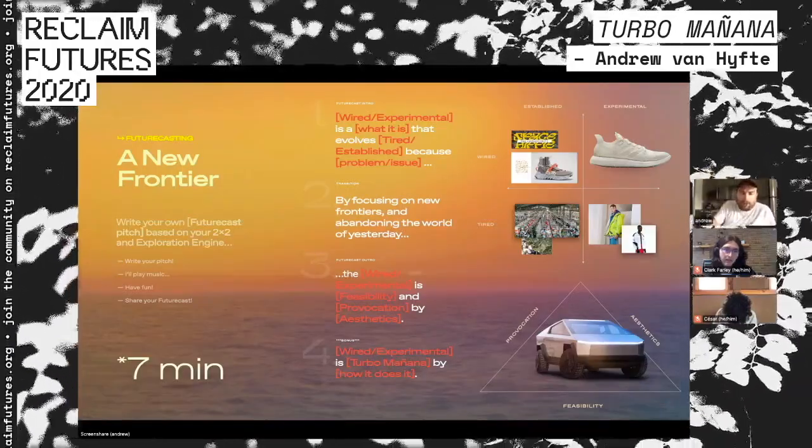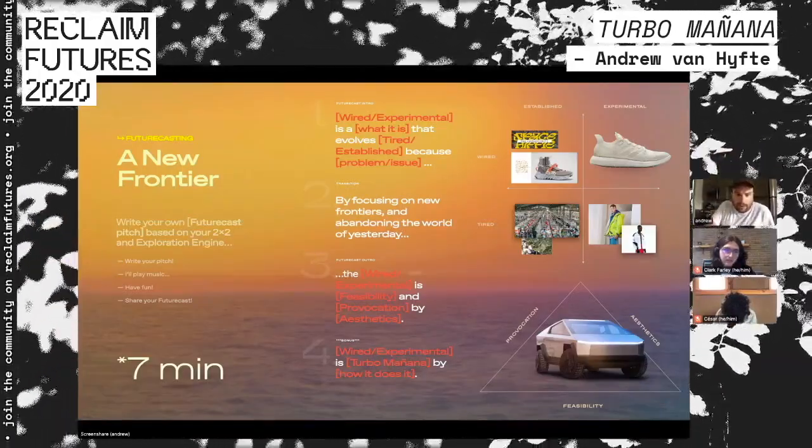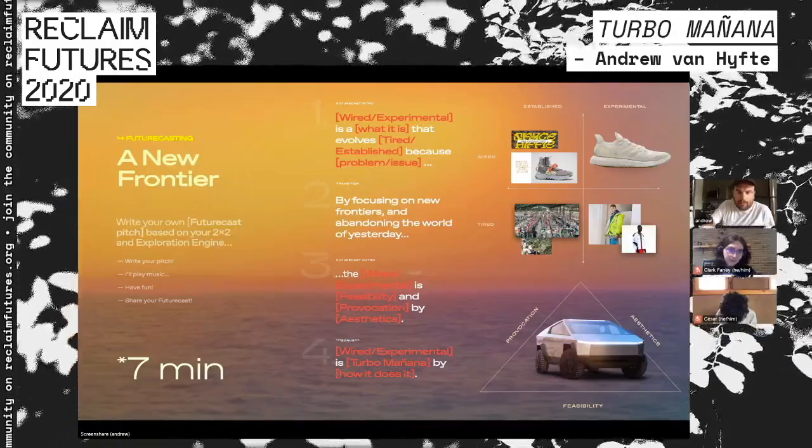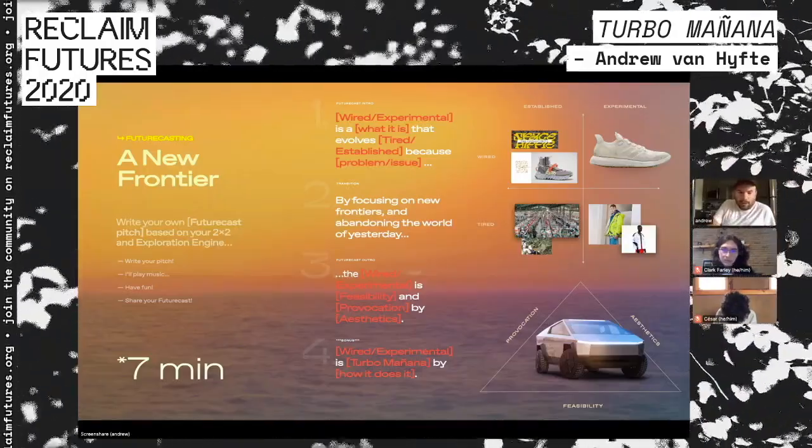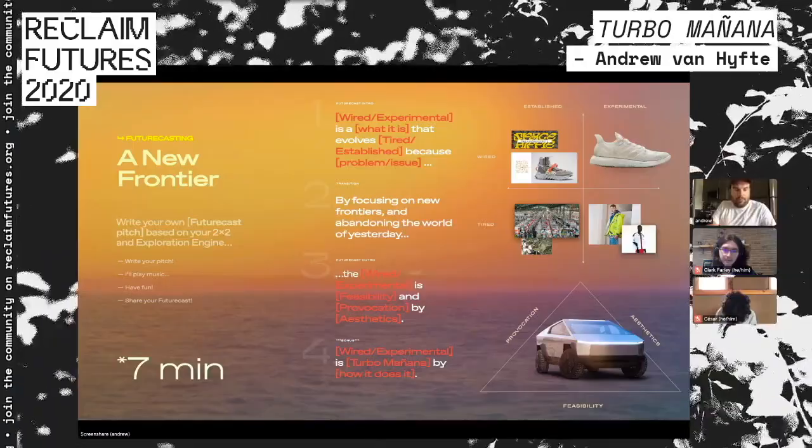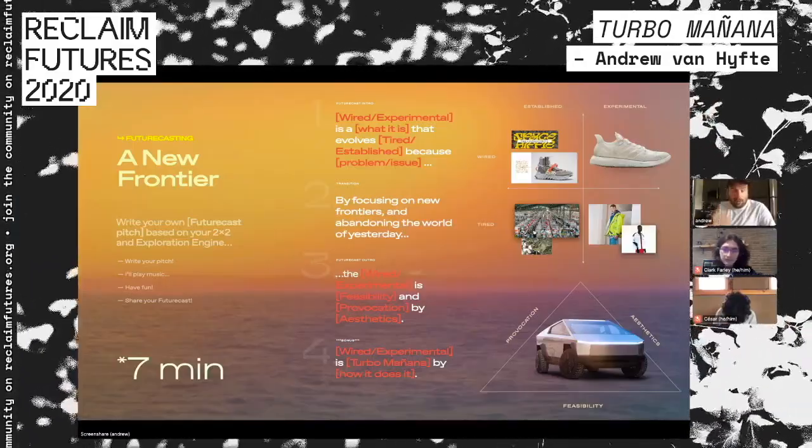Okay, cool. So what I'm going to do for a moment is get away from full screen just so I can see the chat in the main window a little bit more. One sec.